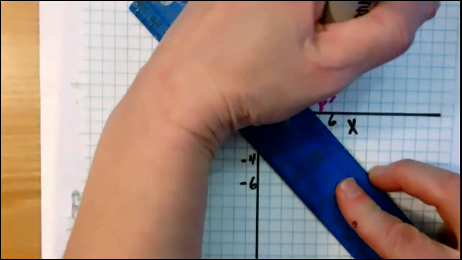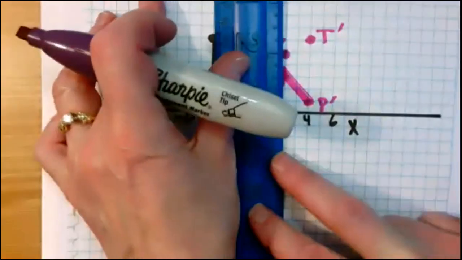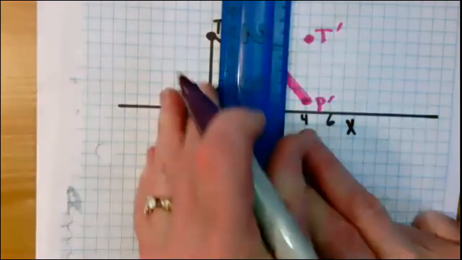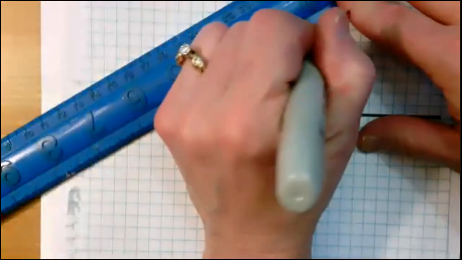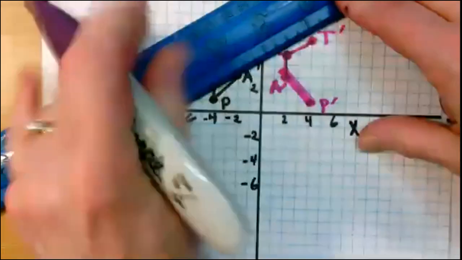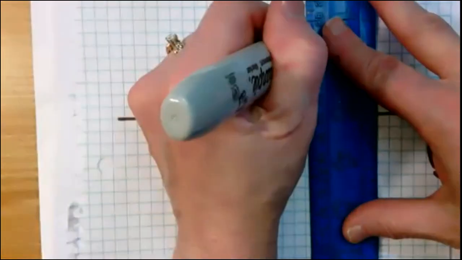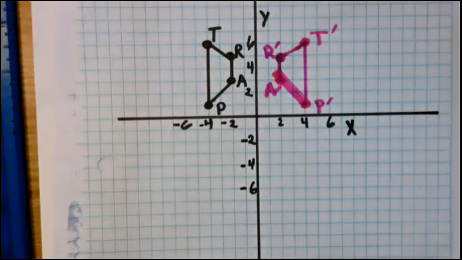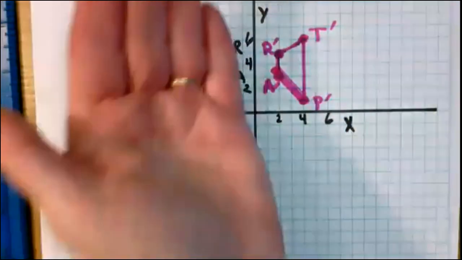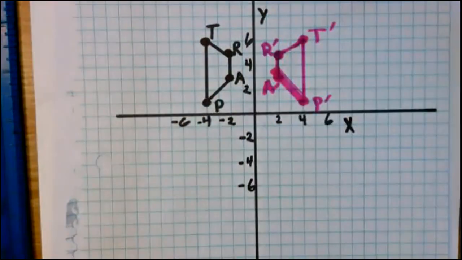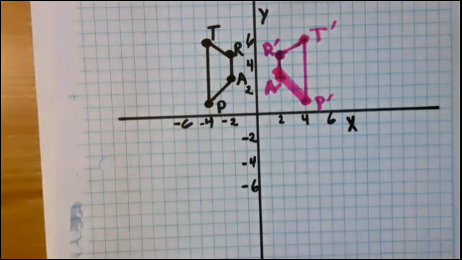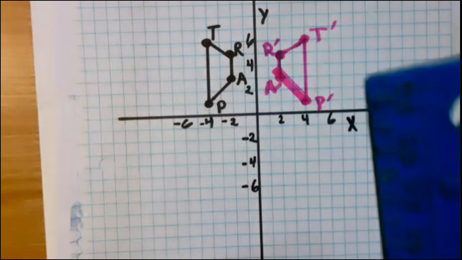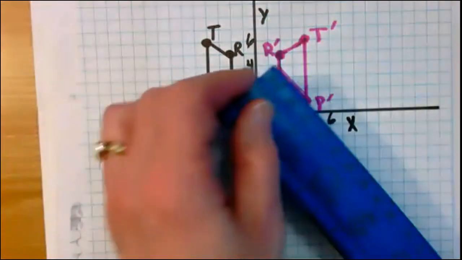And then we connect our dots. Oh, that's a real wide dot. I mean a wide marker here. Try to use the skinny end. There we go. So there is the pre-image and the image. It's reflected across the y-axis. If I notice the lengths of my sides, let's use centimeters here.